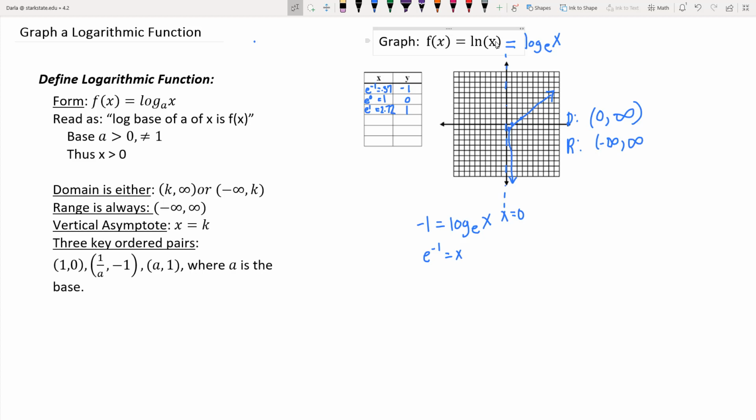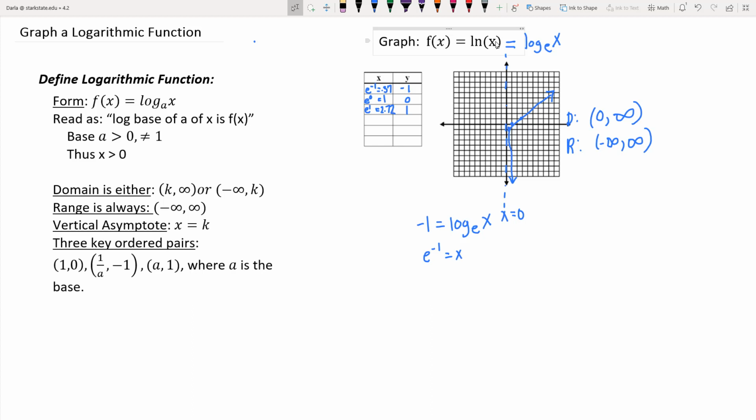And then, like I said, the vertical asymptote is x is 0. And then your three key points are always going to be of the form your base, comma 1, your base raised to the 0 power, comma 0, and your base raised to the -1 power, comma -1. So just keep that in mind.